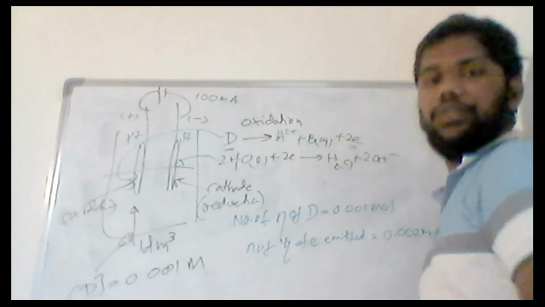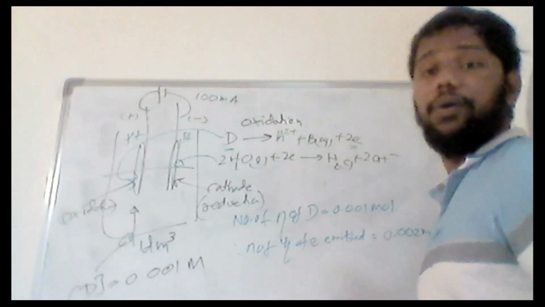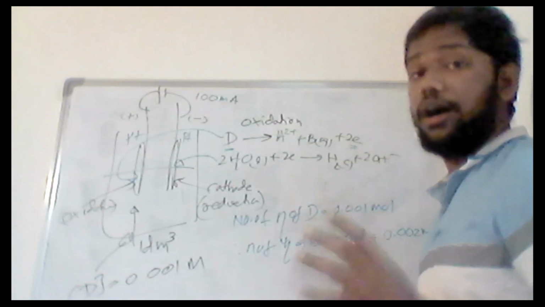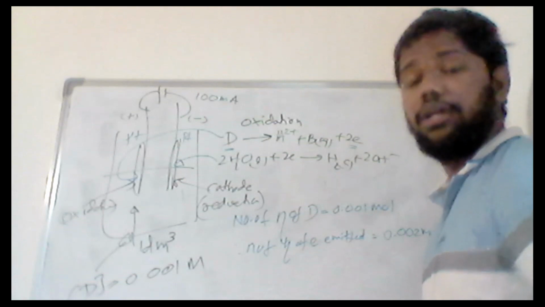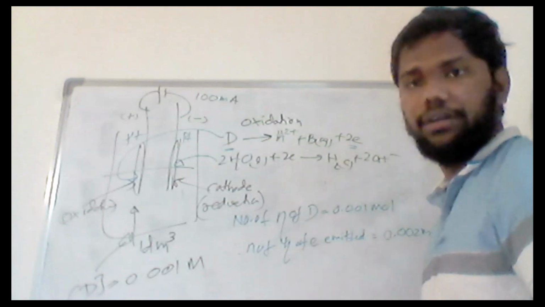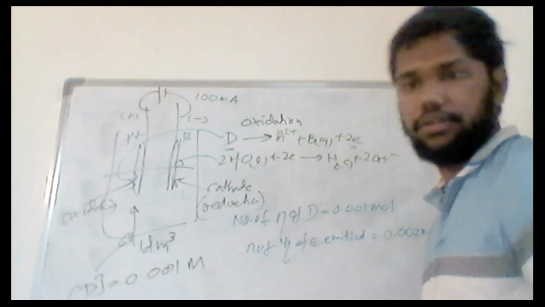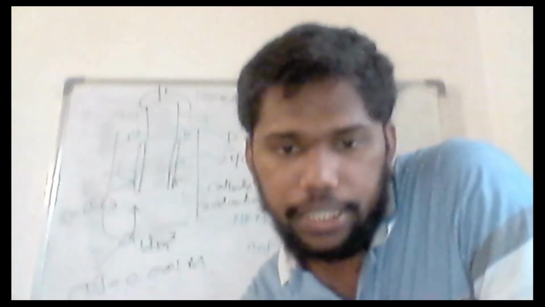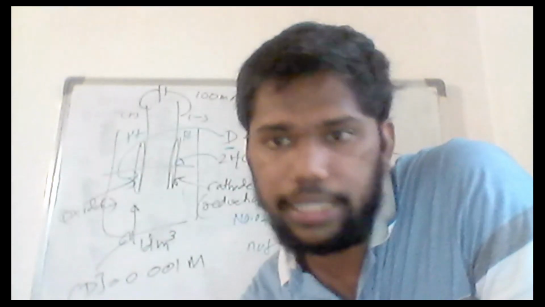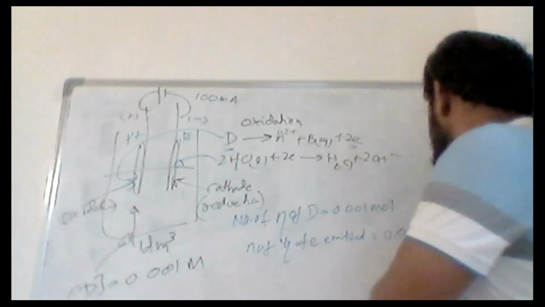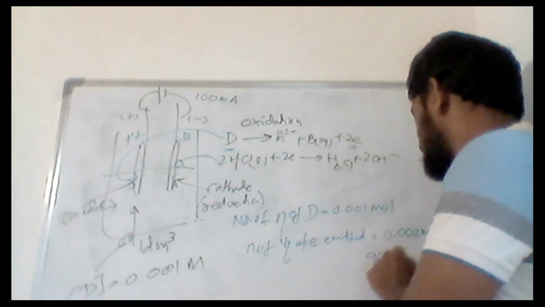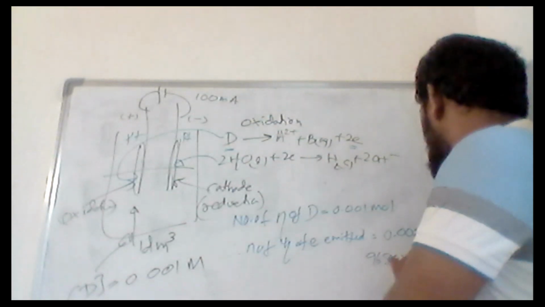If you know the number of moles of electrons, you can count the charge. How do you get the charge? They have given the Faraday's constant as 96,500 coulombs per mole.